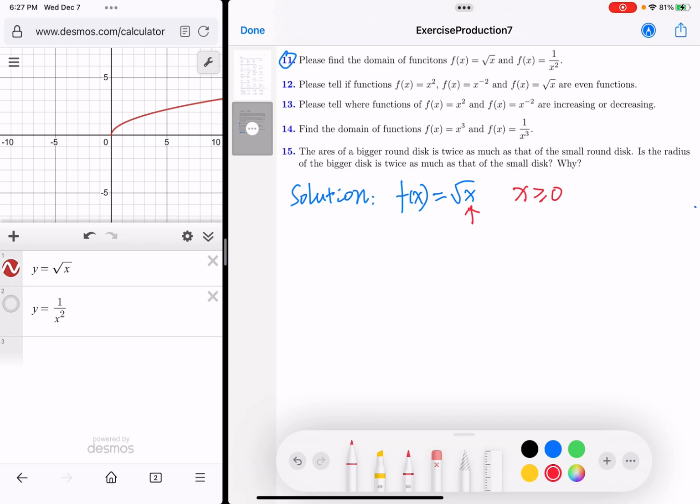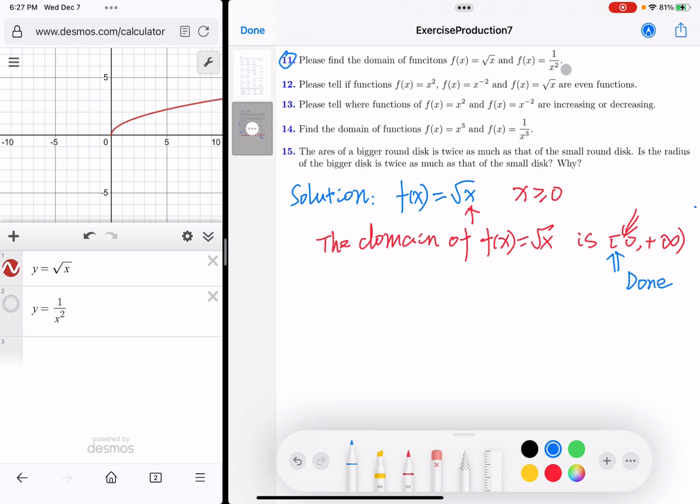So then we know the domain of f of x equals radical x is from 0 to positive infinity, including 0. That's why we write the square bracket here. So we are done for this case.